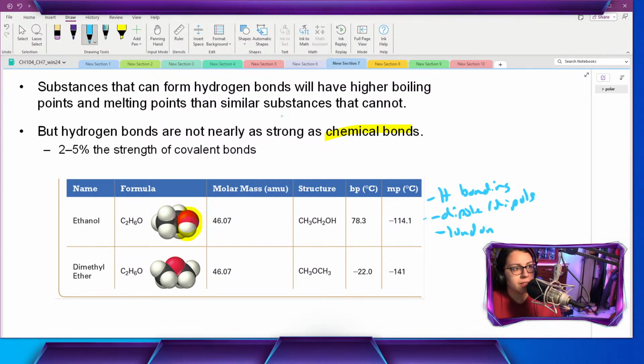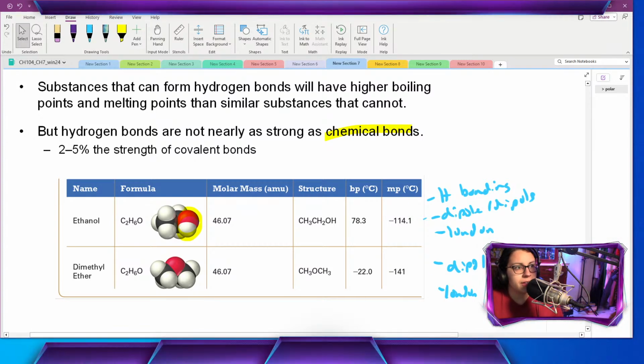Looking at the ether, it is polar, so we do have some dipole-dipole interactions. That brings us to a boiling point of -22, but no hydrogen bonding. So ethanol has a boiling point that is much higher, 78.